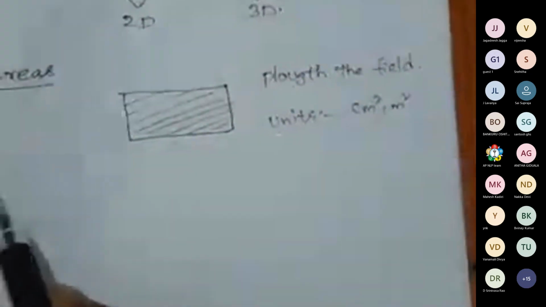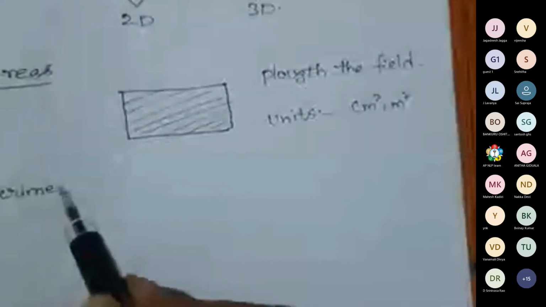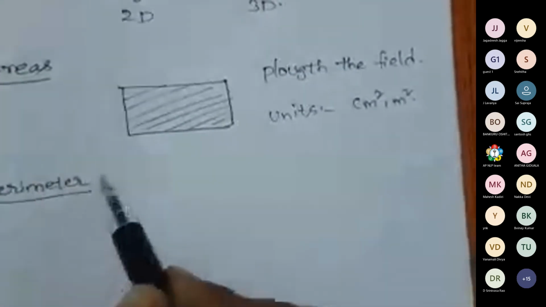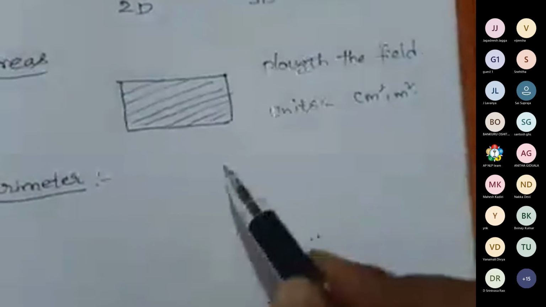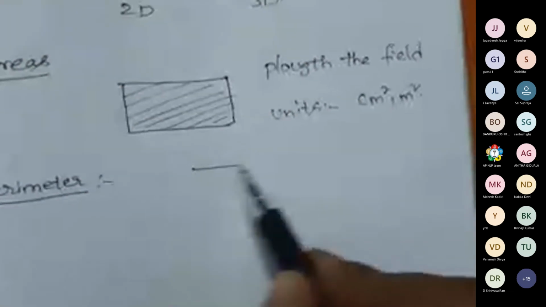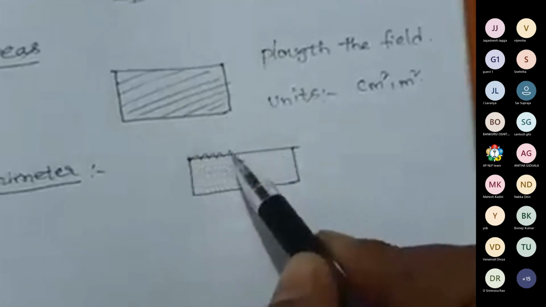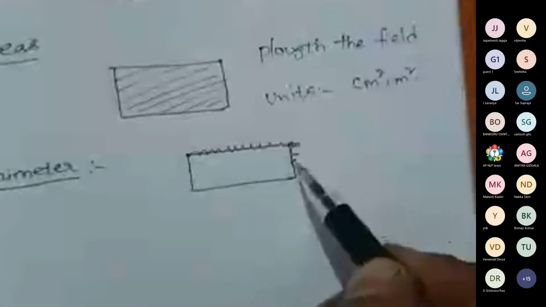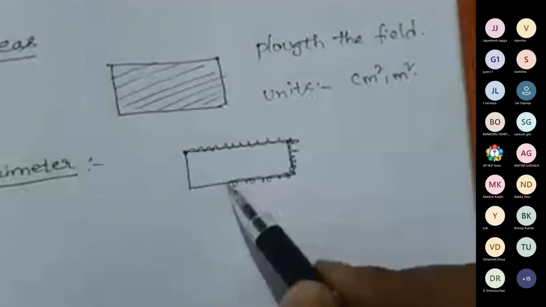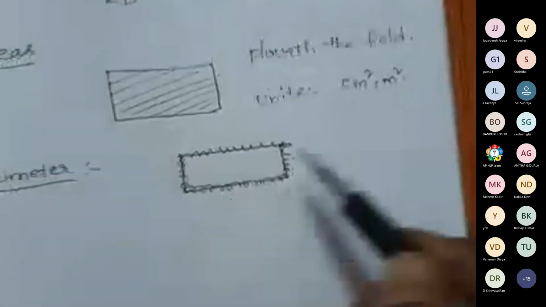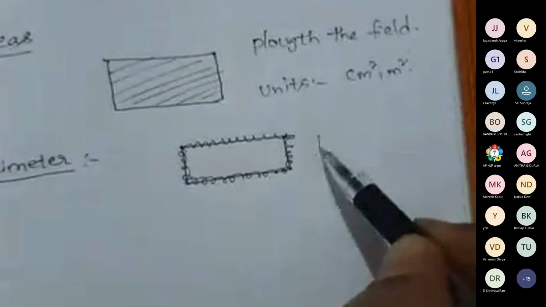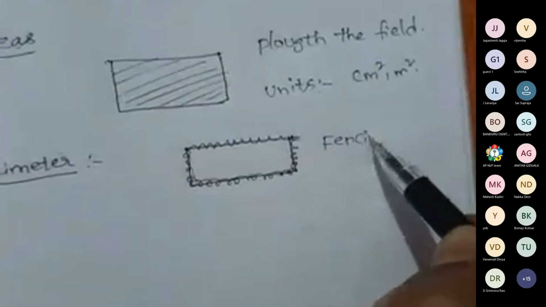Okay. Then what about perimeter? If I fence the field, అంటే పొలానికి చుట్టూ కంచె వేయుట. So that is nothing but fencing the field.